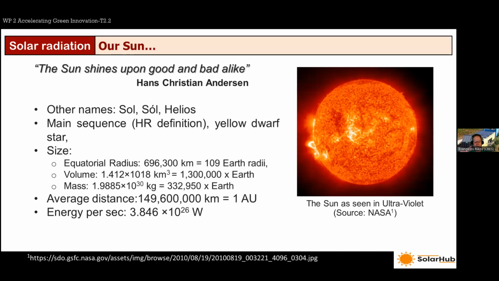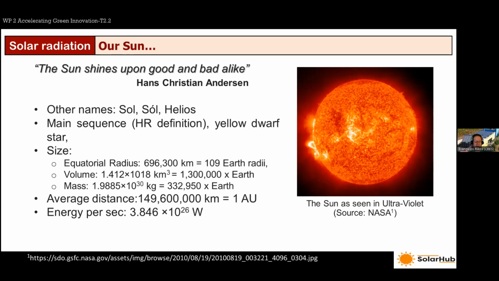It consists of a very hot core at around 15 million, or between 15 and 20 million degrees Celsius, the estimated temperature in the core of the sun. And this leads to nuclear fusion of hydrogen into helium. This releases an enormous amount of energy per second.